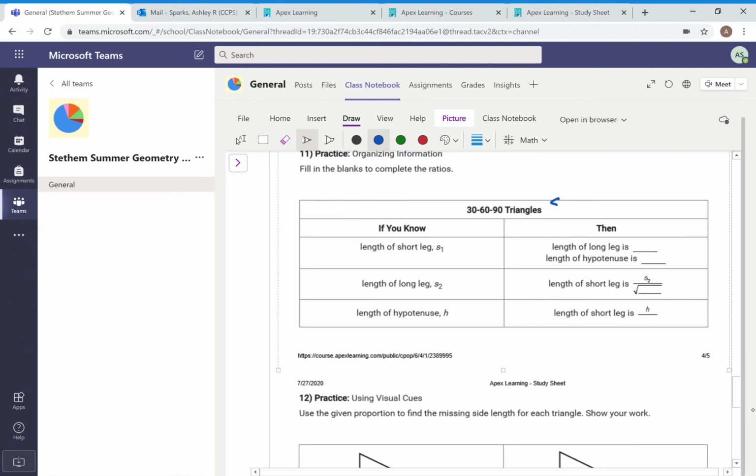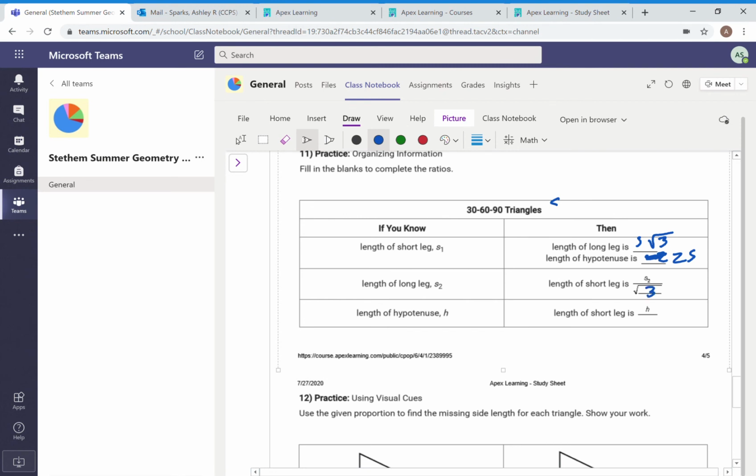If you know the short leg is s, the long leg will be s square root of 3. The hypotenuse will be 2 times s. If I know the long leg, the short leg will be the long leg divided by square root of 3.